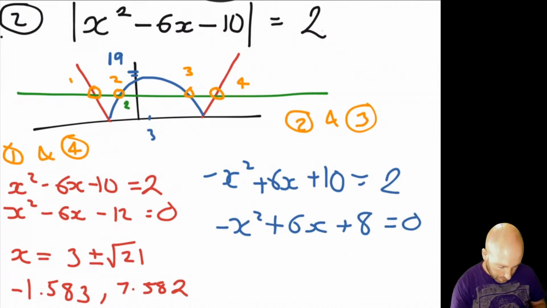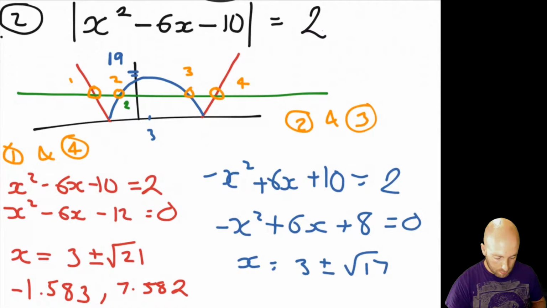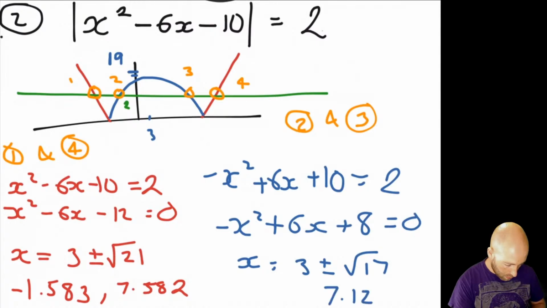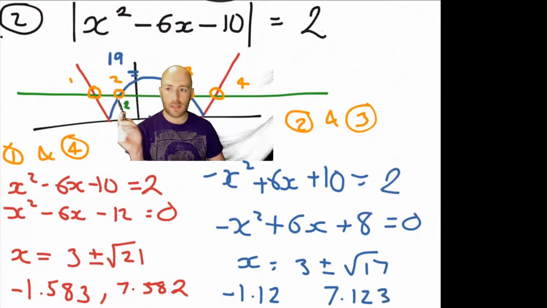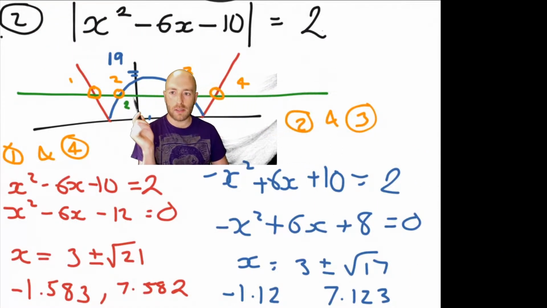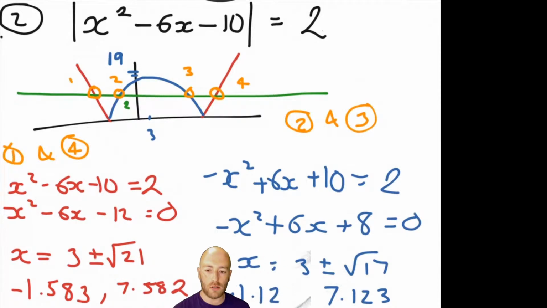Solve that, we get x equals 3 plus or minus root 17, which is 7.12 and minus 1.12, which looks about right on the graph. If you look, these answers here should be between these answers here, and they're just inside that range.